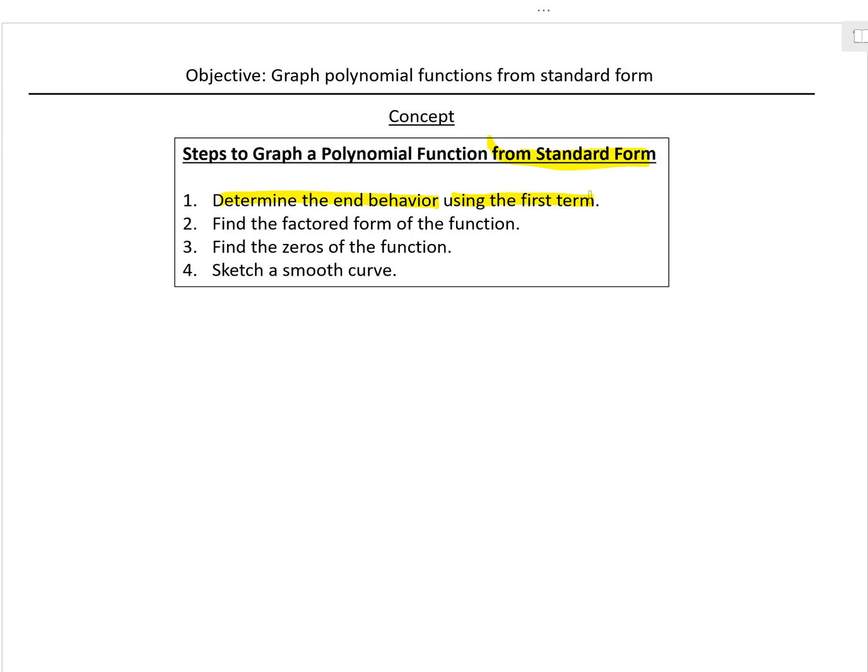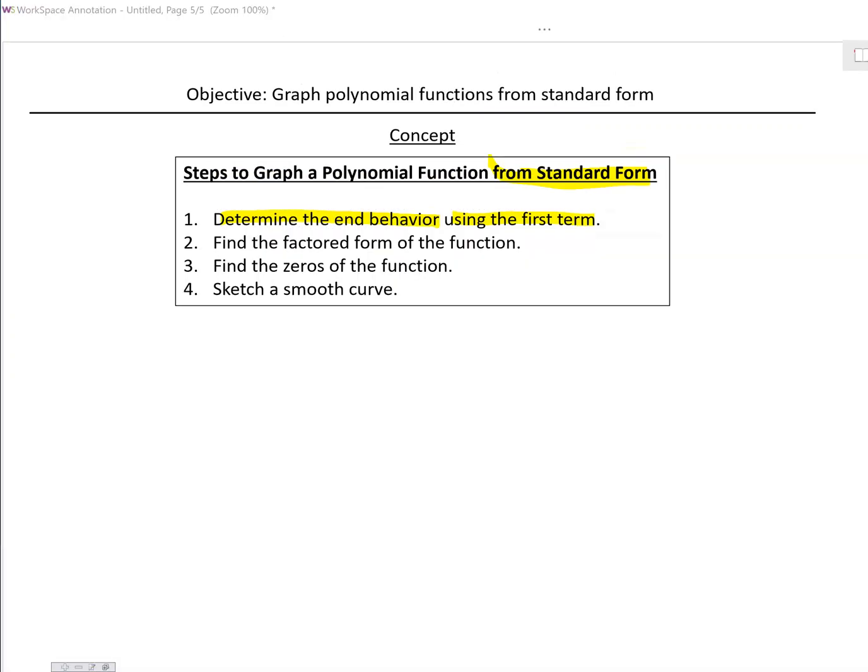Then we'll use our factoring skills to factor the function. And from those factors, we'll be able to find the zeros, just as we did in the previous lesson, using our zero product property and so on. And then with those 2 pieces of information, we will sketch a smooth curve that represents the polynomial function.